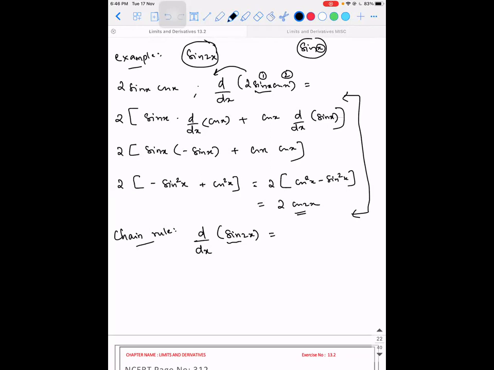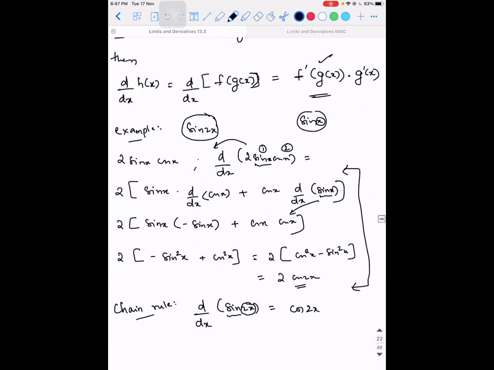Means if you differentiate a sine function, what will be the output? Cos. It is cos. But here, I will not write it as cos x. Rather, I should write it as cos of 2x, whatever is inside, I should write as 2x. That is the meaning of f dash of g of x.